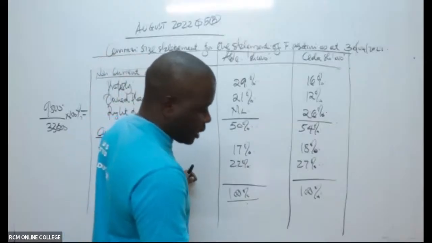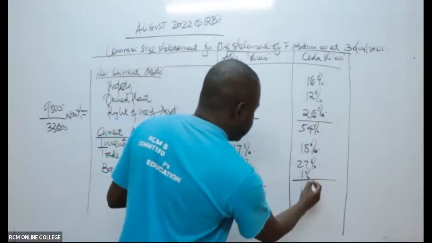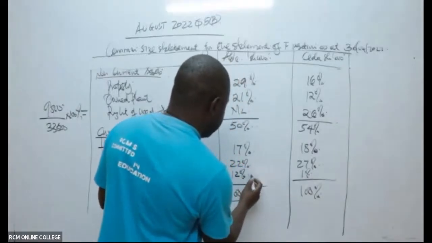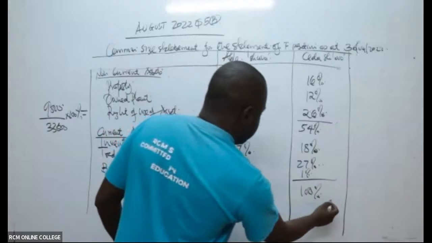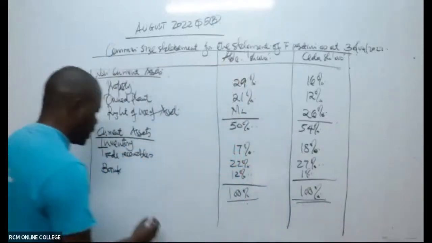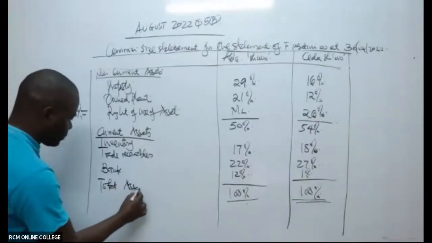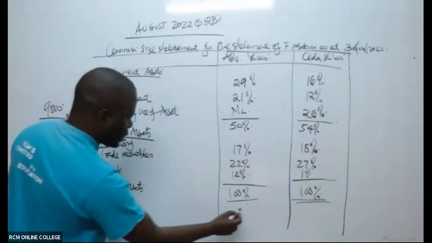SEDA 1.1%, so that's 1%, because this one will be 12%. Both of them should give us the figure for total assets, which is the base, which is 100%.